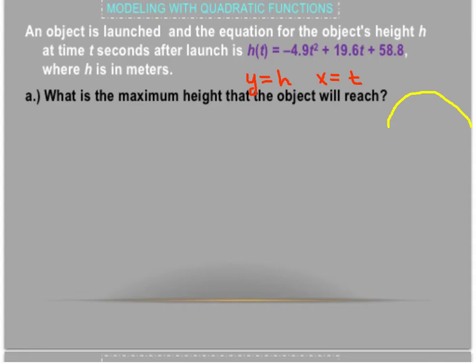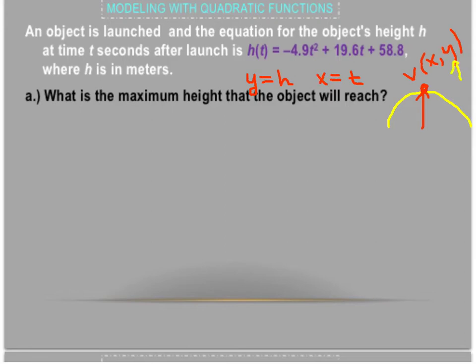And we want to know what is the maximum height that the object will reach. So when I throw it up in the air, when it gets to this point here before it starts going back down, how high is that? We want to know how high that is. Well, hopefully you realize that that's also the vertex, and we're looking at the y-coordinate of the vertex, right?